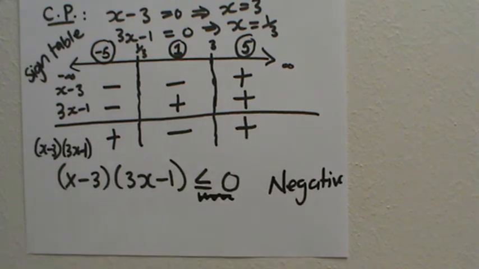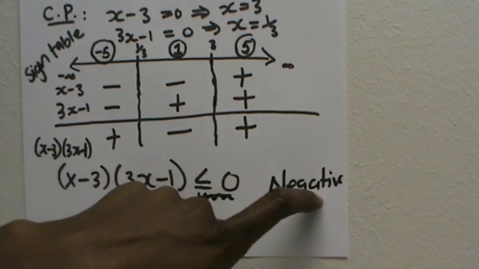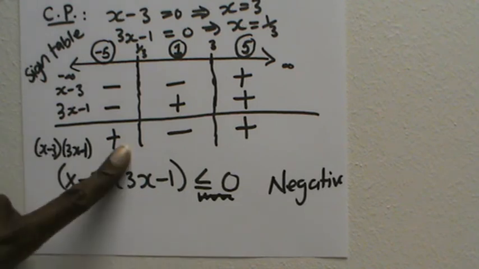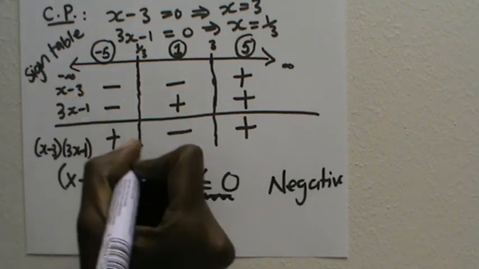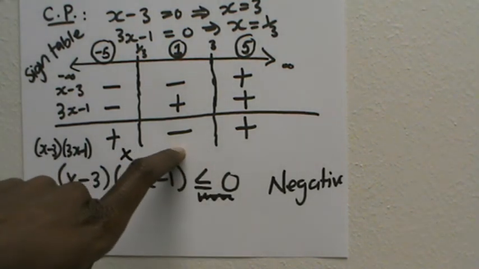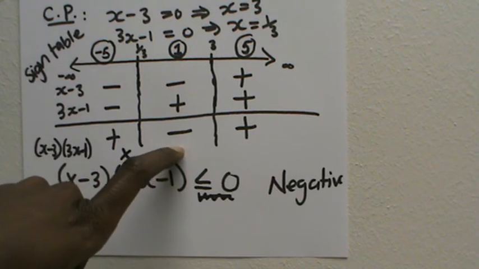So I need to go to my sign table where the two factors are multiplying, and then I pick the place where I have negative. So that is the last row. Okay, so I go to the last row. If I look at this one, it's positive. I'm looking for negative, so this is not what I want. Then I move on to the next column. I'm still in the last row.